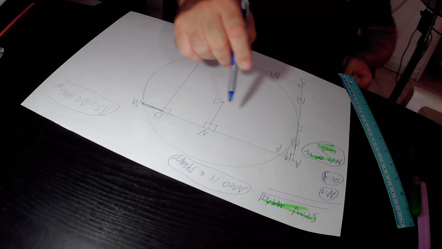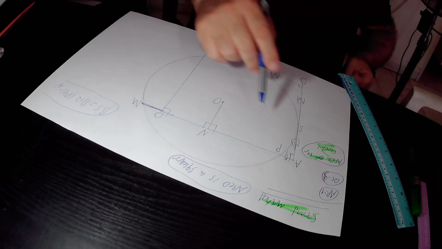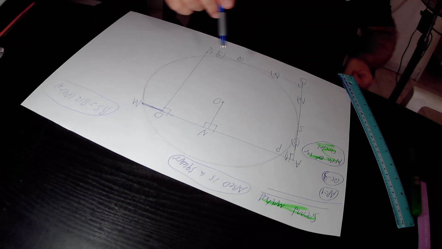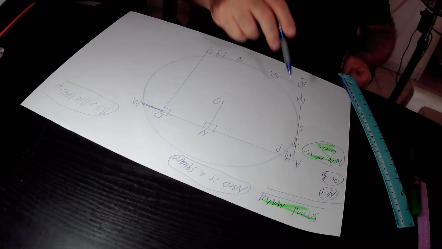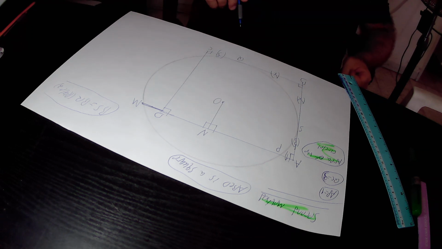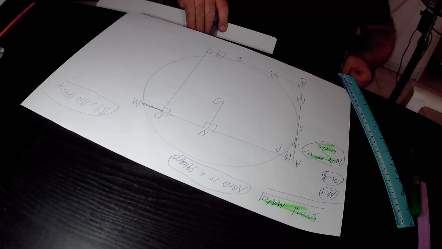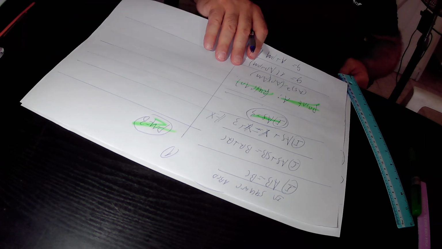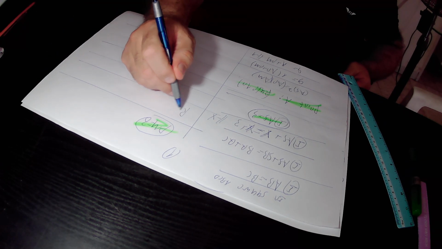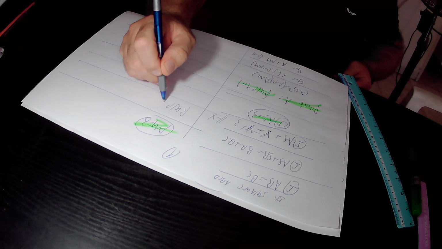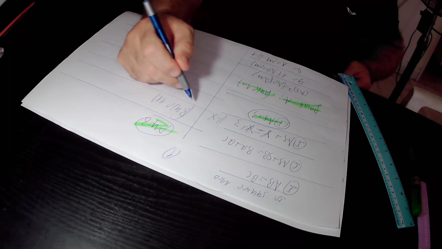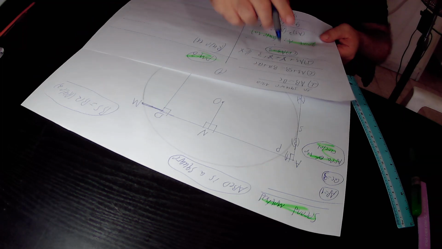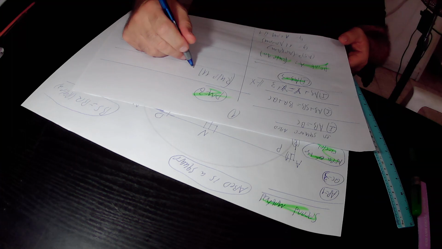If perpendicular ON bisects chord PM, it means that PN equals NM, according to rule 11. Okay, so I write it down. According to rule 11, PN equals NM.